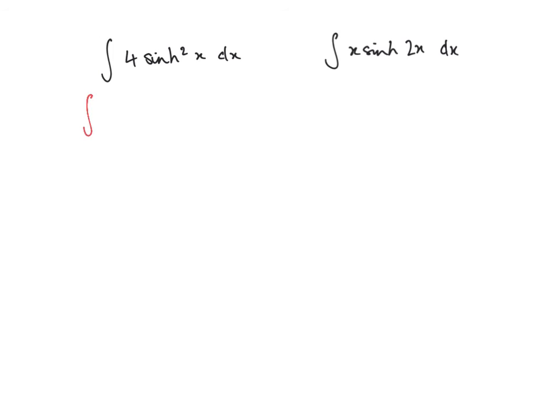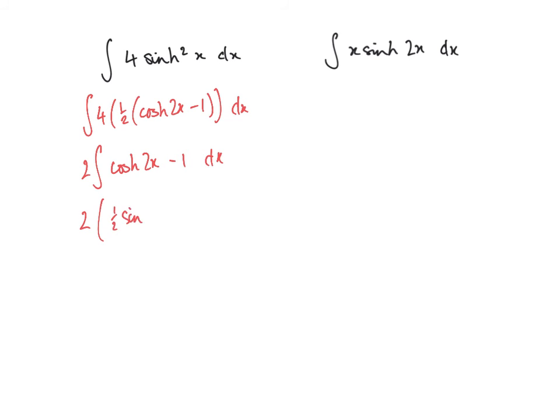So this is the integral of 4 times, and when we change sine squared x, that's a half of 1 minus cos 2x dx, which when multiplied through is 2 times the integral of 1 minus cos 2x, which is 2 times, when we integrate 1, we get x, and when we integrate minus cos 2x, we get minus a half sine 2x, plus c.